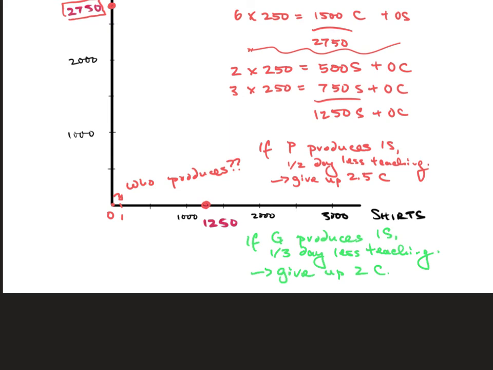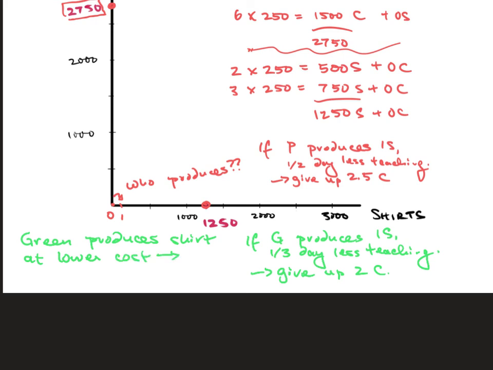Okay, so these people together want to produce 1 shirt. If Green does it, they give up 2 classes. If Plum does it, they give up 2.5 classes. The cost is lower if Green produces it. So Green produces the shirt at lower cost.